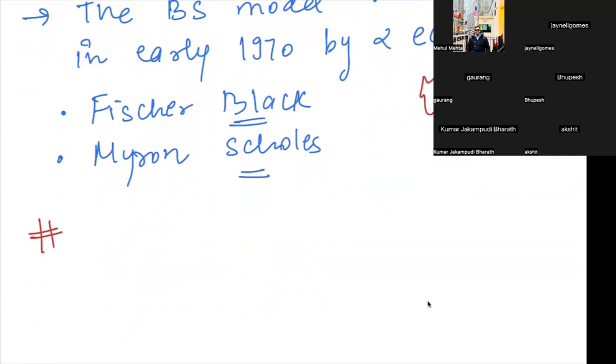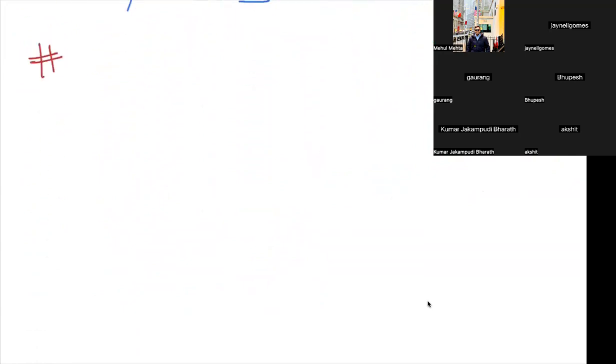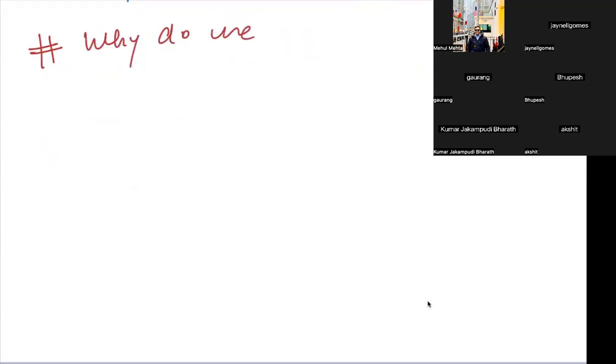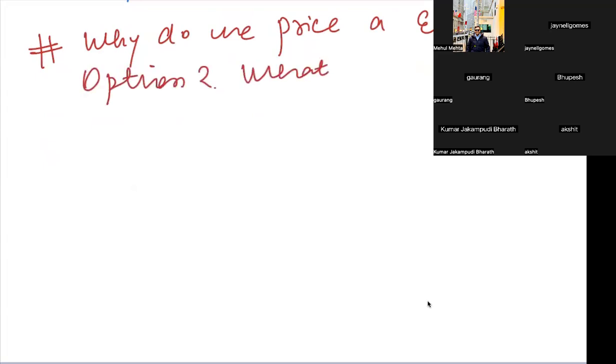So you might be thinking, why in the first place do we need to price a European option? What's even the need, right? So why do we price a European option? What's the need of pricing?